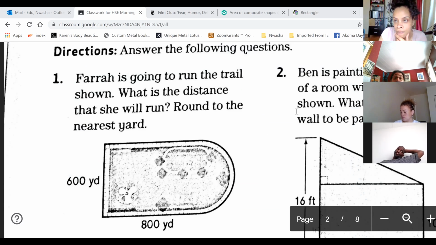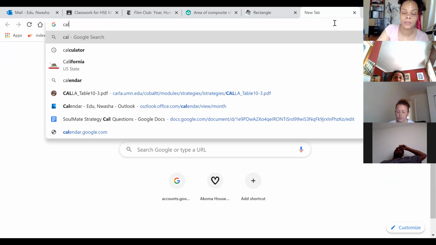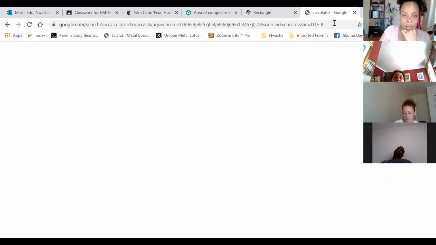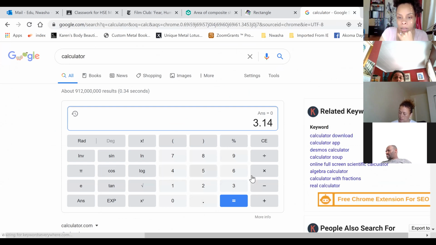Well, let's see. I put mine all together in the calculator. But what you're saying is 3.14 times 600. So if you just did the circle first and got 1884, then you could say divided by 2 is 942. So I put 942.45, but I might have used the pi button.